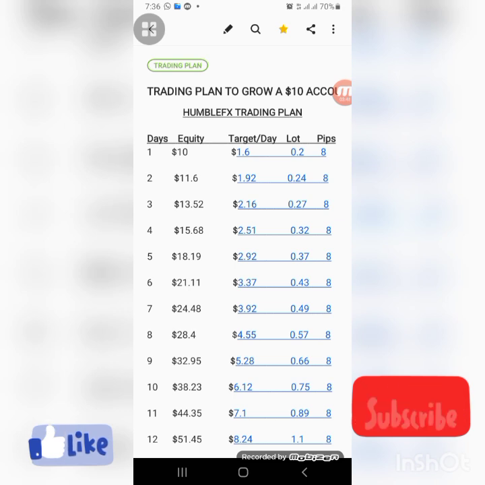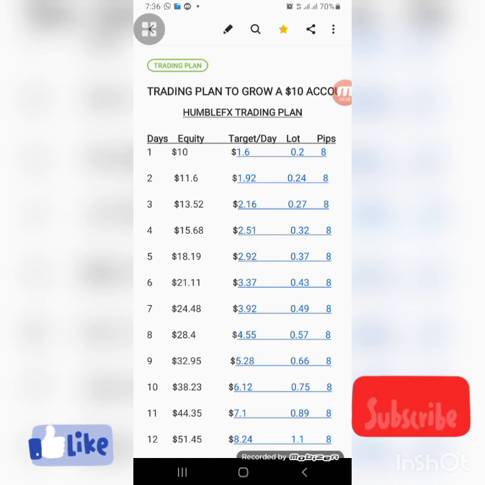We only need to get 8 pips in the whole day. But if you want to do it yourself, it's possible. You can use any setup, or the one I will show you today. But if you want it easier, you can join the VIP, where I take the trade myself and send it to you guys for you to take as well.